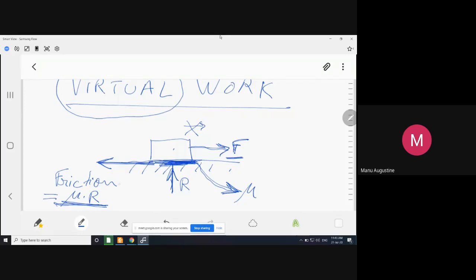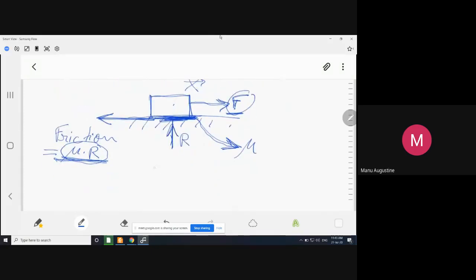And if under the influence of this F and this mu R, this block is not moving, can I confidently say that the block is in equilibrium? The block is not moving, it's just standing there.